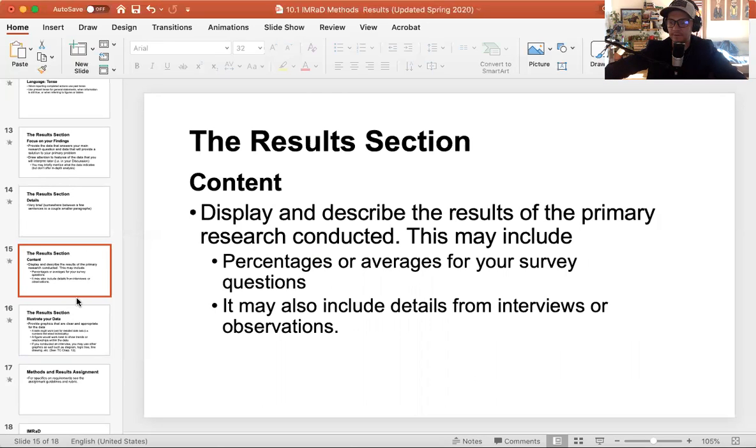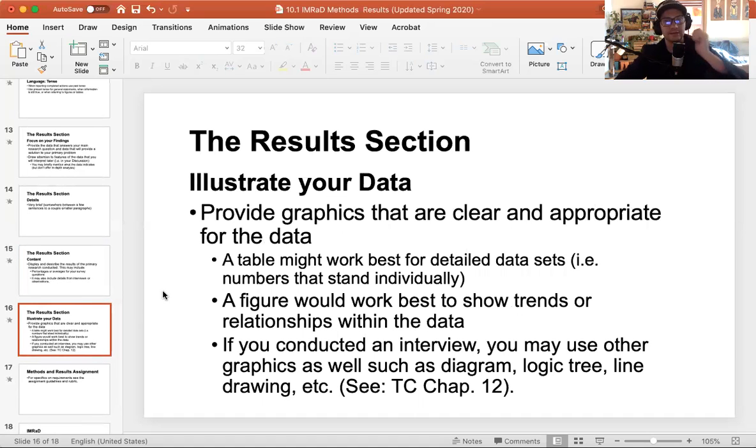Whether you start with the most important information or you end with the most important information, it's kind of up to you. I'm just going to be looking to make sure that what you include is enough information, but also not too much information.